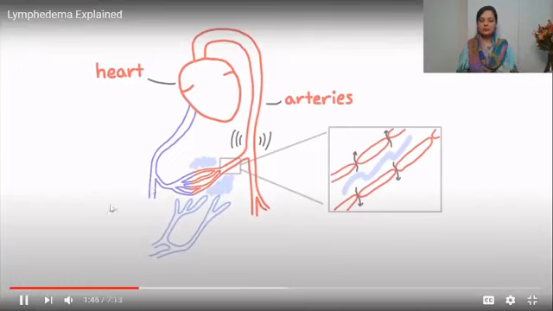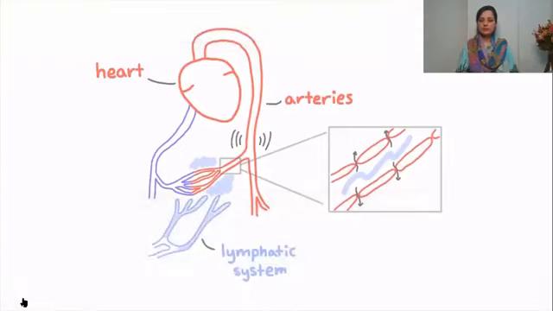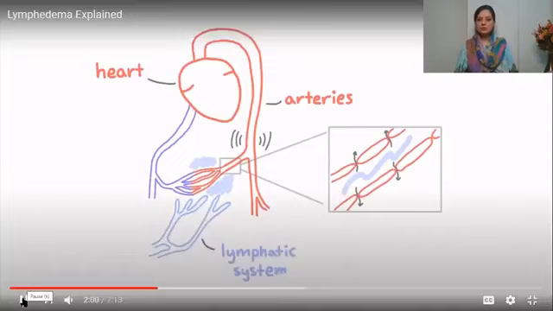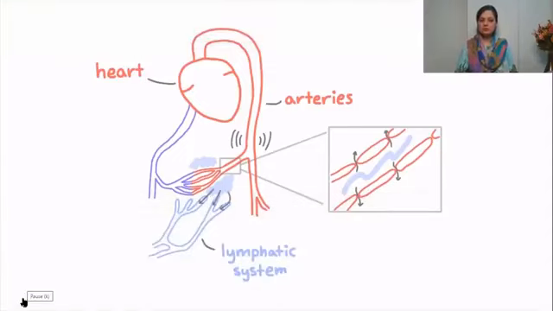But our bodies are amazing, and to prevent this fluid buildup from happening, the body has developed a transport system called the lymphatic system to help maintain fluid balance. And this lymphatic system consists of lymph capillaries, which are located just below your skin. And these lymph capillaries are almost everywhere in your body and pick up the extra fluid.